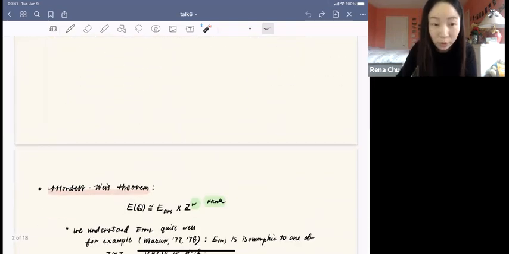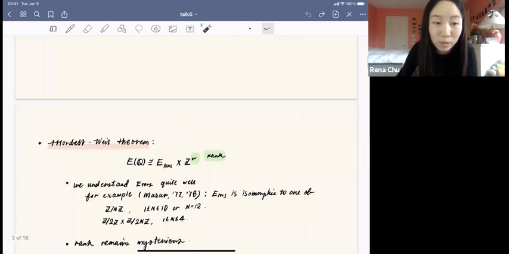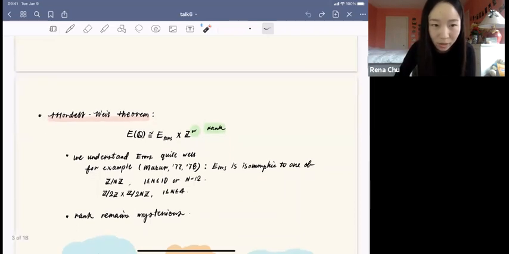Now on to one of the most well-known theorems, the Mordell theorem, which states that the group of rational points is finitely generated. It is a finitely generated abelian group, and hence it has this structure here, where we have a torsion part and a free abelian part, and we call this r the rank.